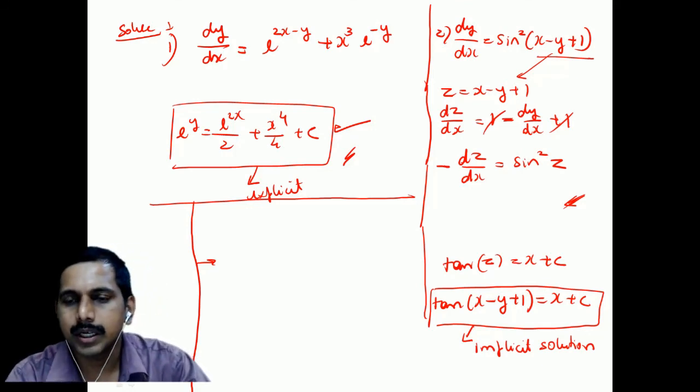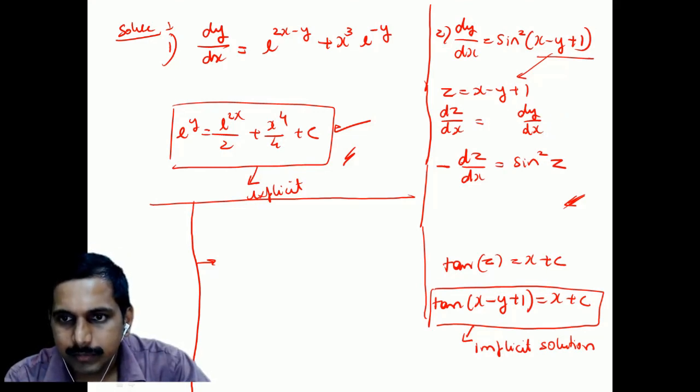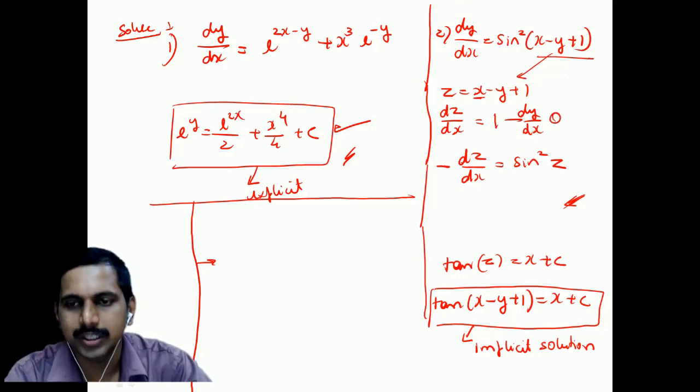Okay, I'm sorry, students, this is wrong here. It's a mistake, because when you differentiate x you get 1 only. Yes, correct. I'm sorry, 1 and dz, and this is 0. This is the mistake. When you differentiate 1 you get 0, is it not? So there was a mistake.